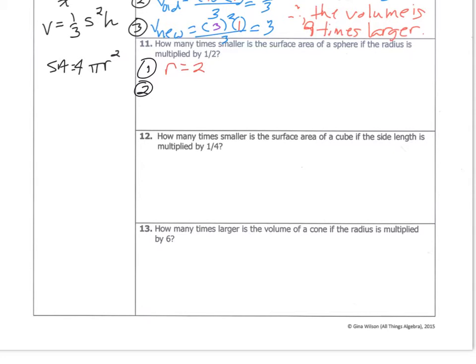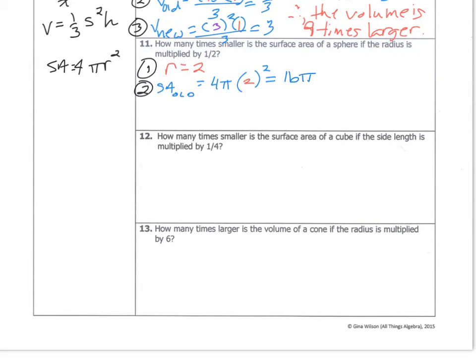We're going to find the old surface area. So surface area, old, is equal to 4 pi times 2 squared. What is 2 squared? 4 times 4, 16. So we've got 16 pi. Don't multiply pi through, just leave it 16 pi.